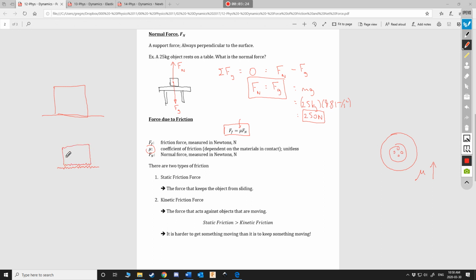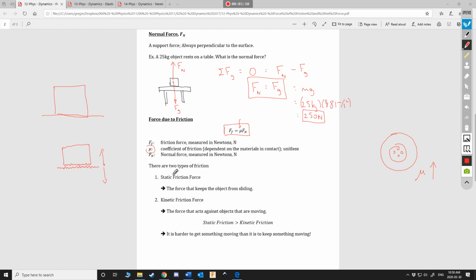So the greater that normal force is, the more it's being squished together, and the harder it would be to push something forward. The heavier something is, the harder it is to slide it. So if there's more compression force between the two, it's going to have a greater friction force.